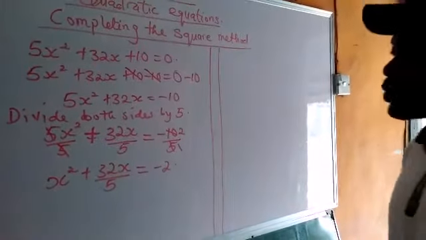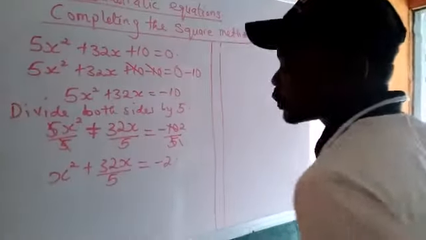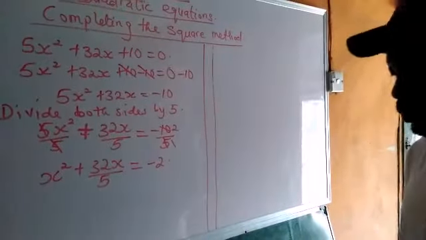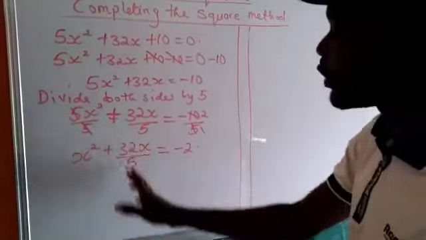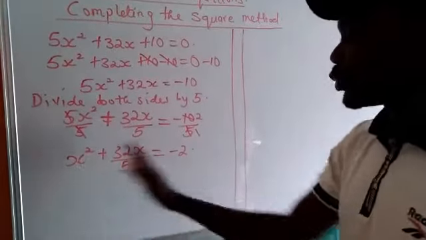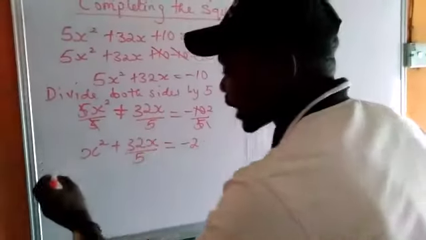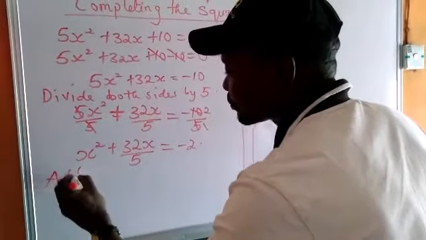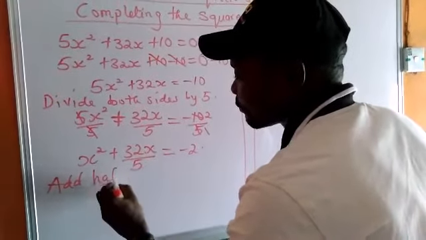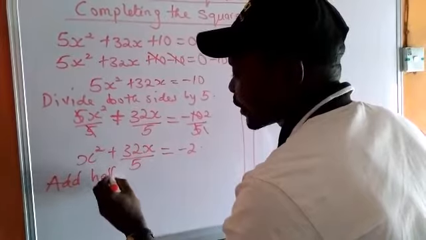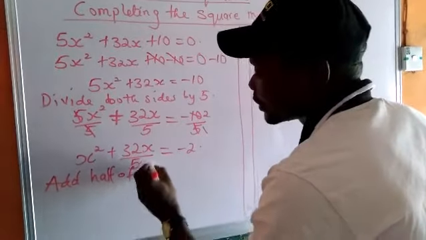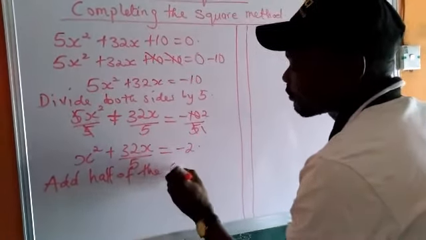Now, how do we do that? What is half of 32 divided by 5? We add half of the coefficient of x to both sides.